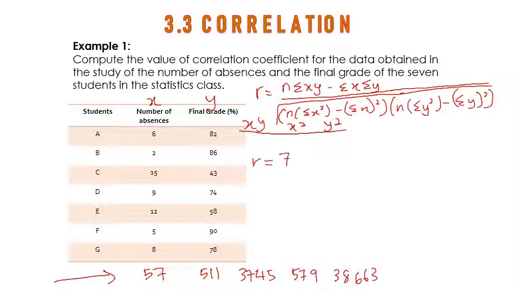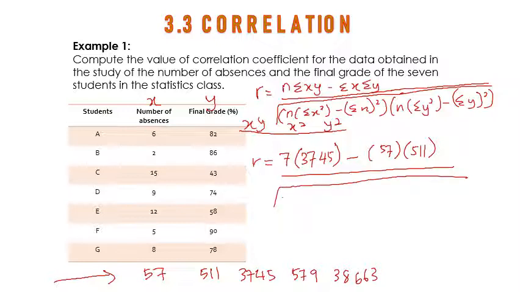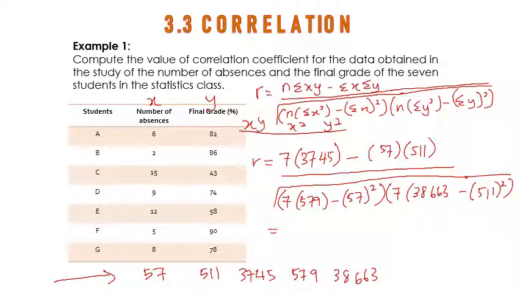So n equals 7, summation of xy we got 3745, minus summation of x, we have 57, summation of y 511, over square root of n equals 7, summation of x square, we have 579, minus summation of x, we got 57 square, times 7, summation of y square, we have 38663, minus summation of y, we got 511 square. And press the calculator.